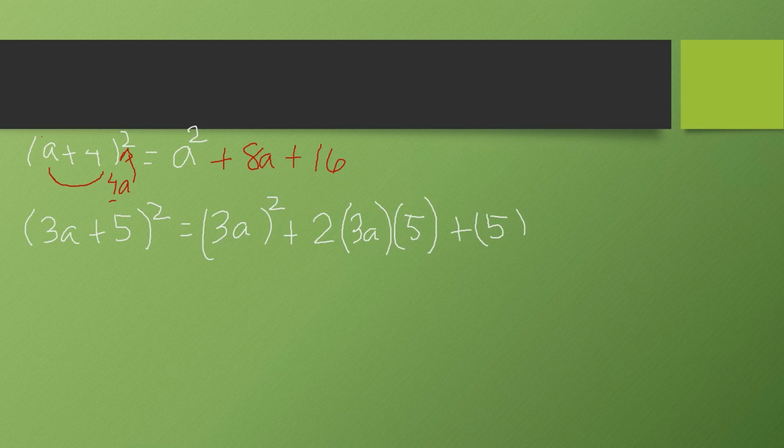Our last term is 5. The square of 3a is 9a squared, plus 2 times 3 times 5. 2 times 3 is 6, times 5 is 30, and our variable here is a. Plus the square of 5 is 25.